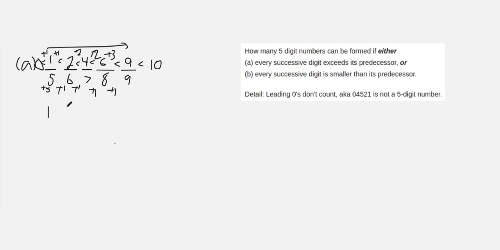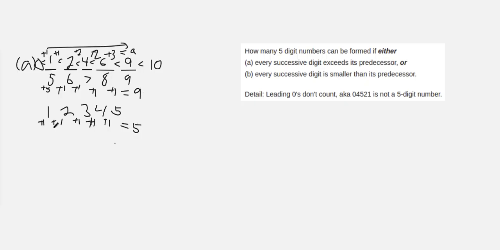And if we look at the smallest number we can make, which is obviously 1, 2, 3, 4, 5. Here we have a sequence, and it's +1, +1, +1, +1, and +1. So here, all of our pluses add up to 5. Here, all of our pluses add up to 9.